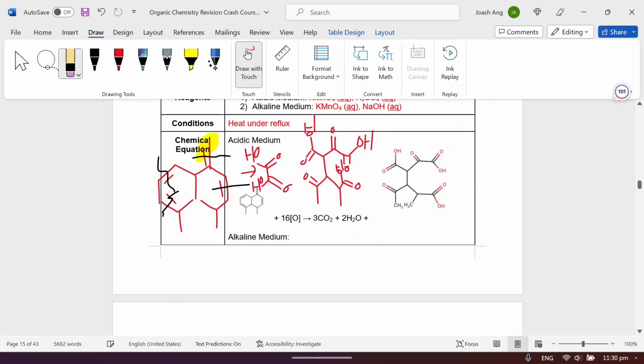Another thing to take note of is that if you have two alkene bonds that are adjacent to each other like this, it will form this product called ethane-1,2-dioic acid. So when you see this, you have to make sure that it is oxidized further, because this CC bond is actually weaker. And why is it weaker?